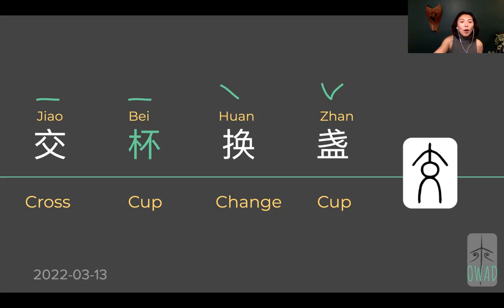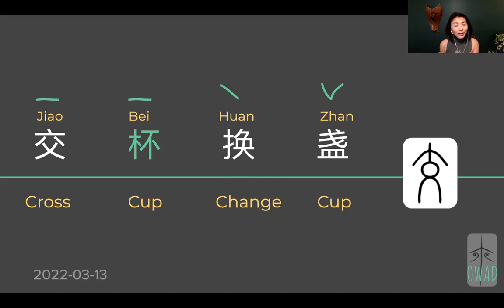And 换, we have the hand symbol on the left side, and the right side is pronounced as 换. So it's the sound maker. Something related to hand means exchange by hand. You are making transactions with somebody. I guess back then it was a barter economy.